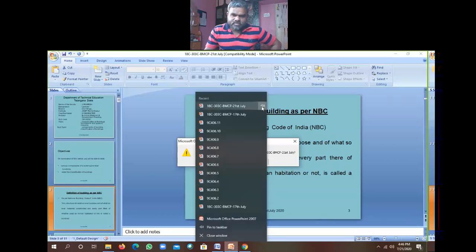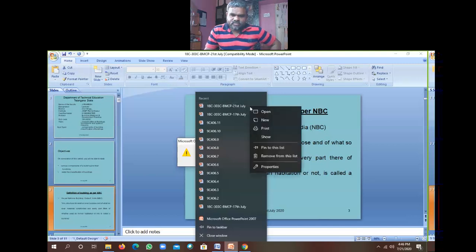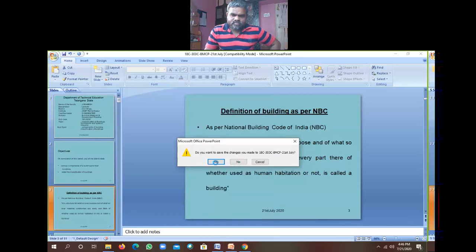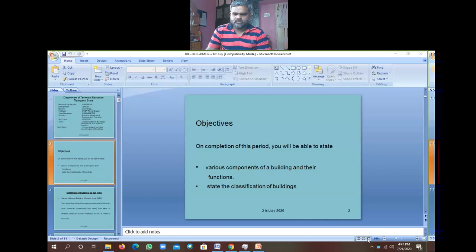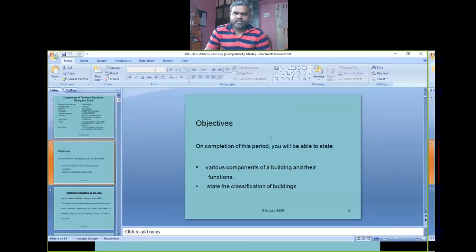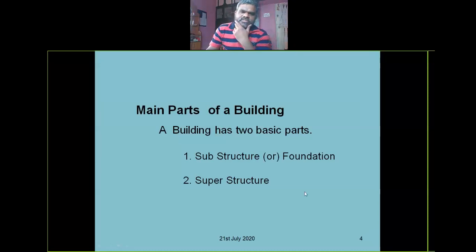The main parts of a building, you can say, are the substructure, foundation, and superstructure.